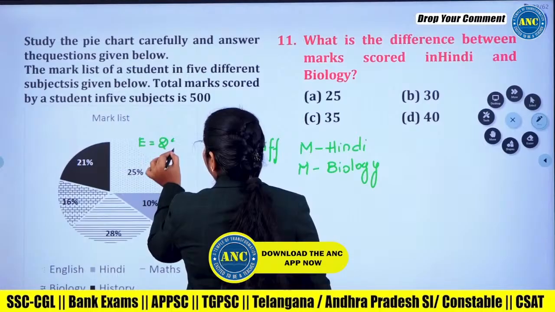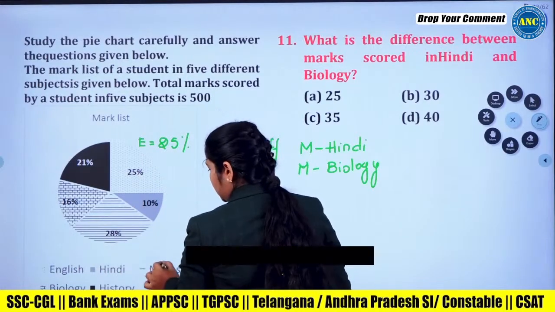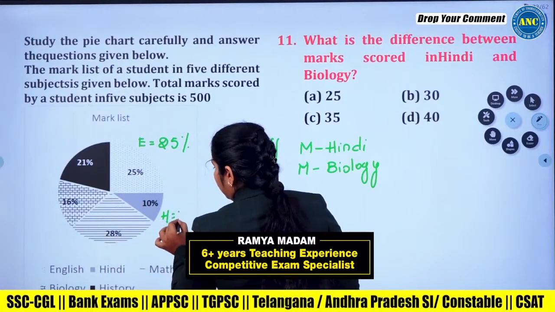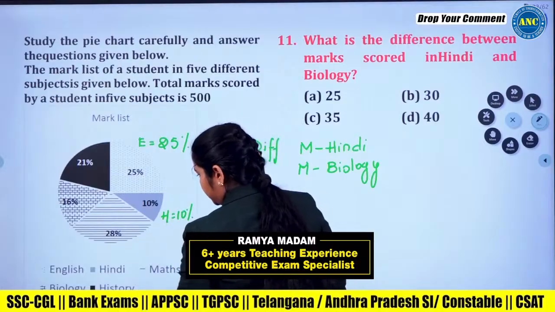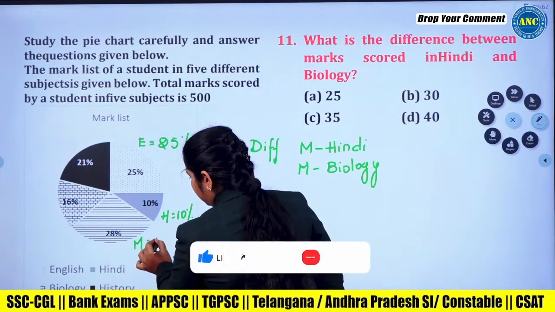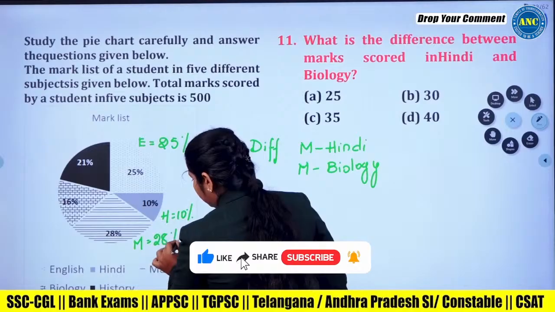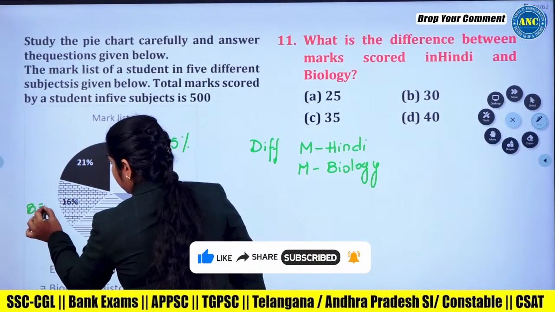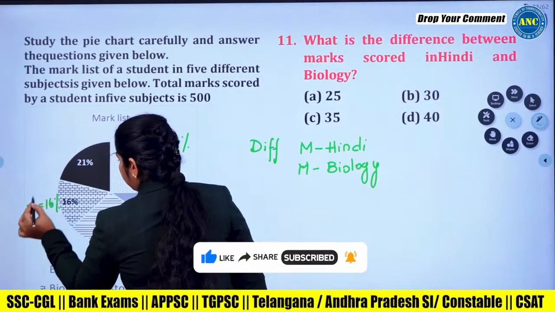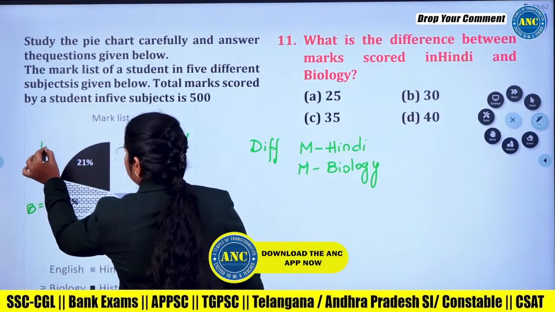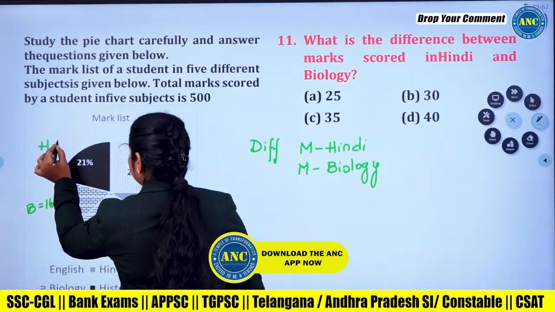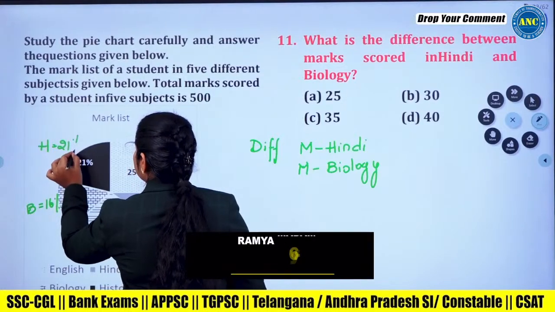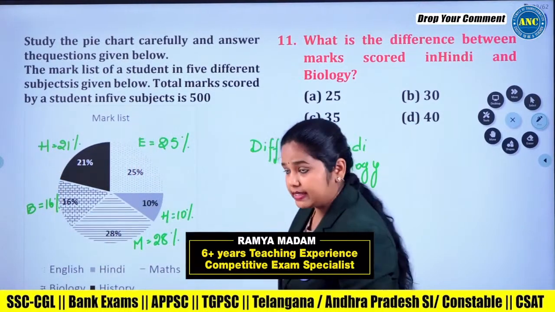English 25%, Hindi 10%, Maths 28%, Biology 16%, and History is 21%. Okay, fine. Your data is clear?